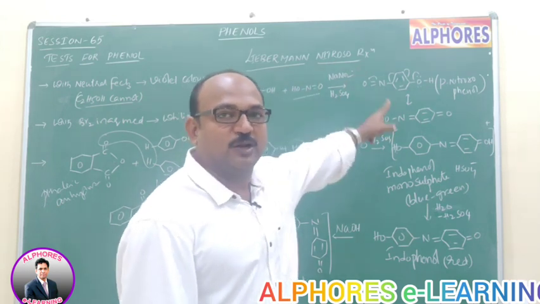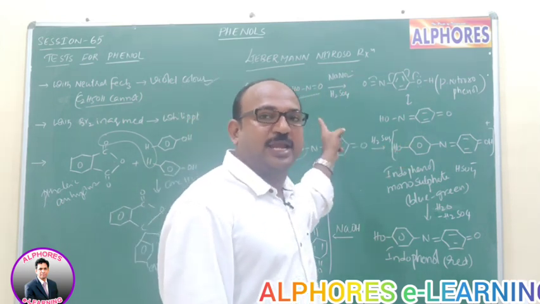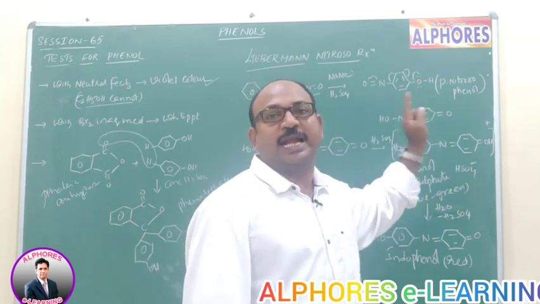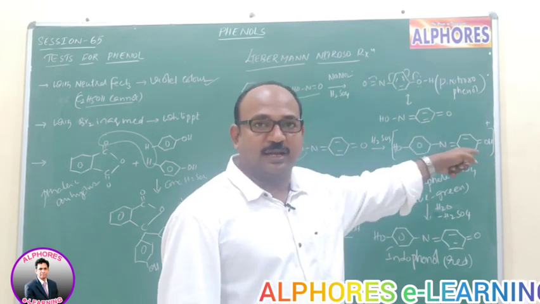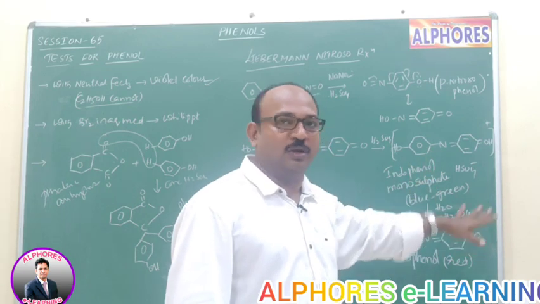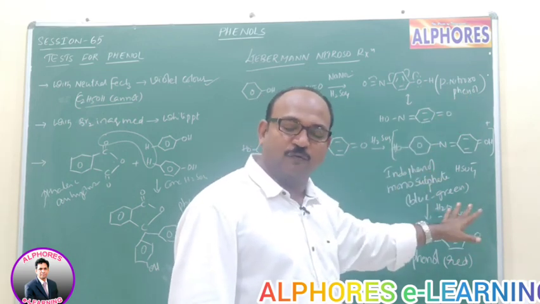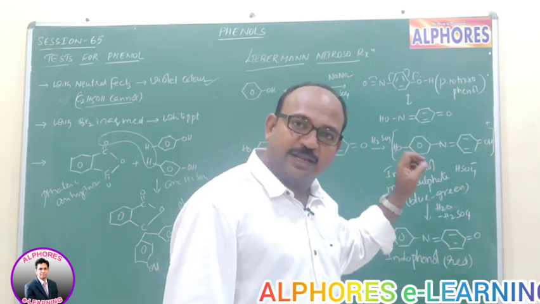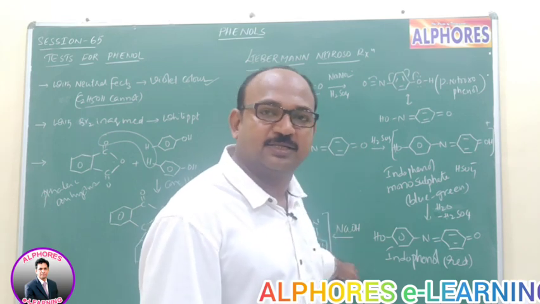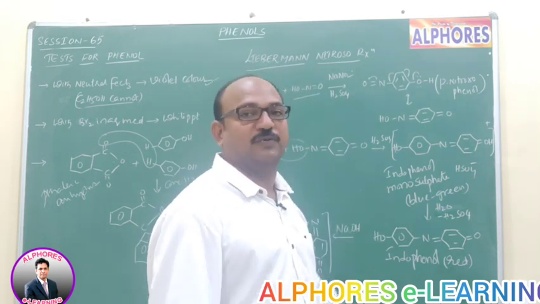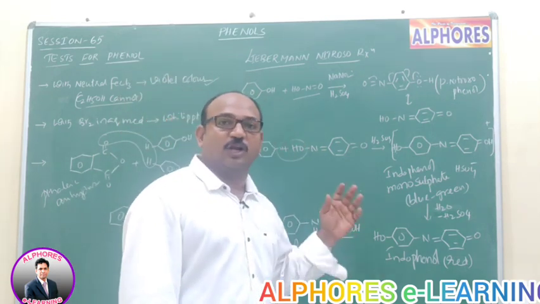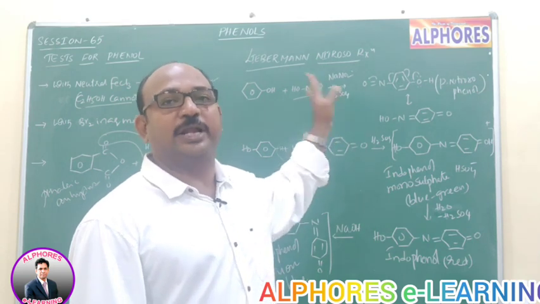So para-nitrosophenol upon condensation with phenol gives indophenol, which in cation form is blue-green, upon washing with water is red, and with base in anionic form turns blue again. This is the Liebermann nitroso reaction, a test not only for phenols but also for nitro compounds.